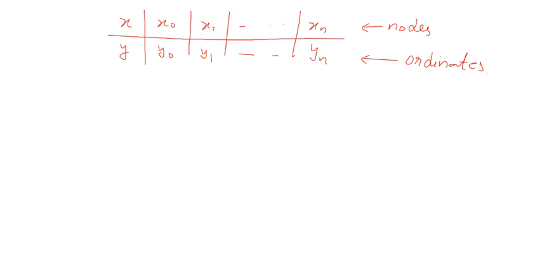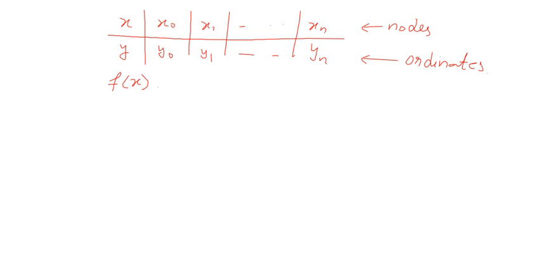So this may represent some function f of x, which you may or may not be aware of, but due to some experiment you come up with the following table. You wish to fit the data into a smooth curve by means of interpolating polynomials.